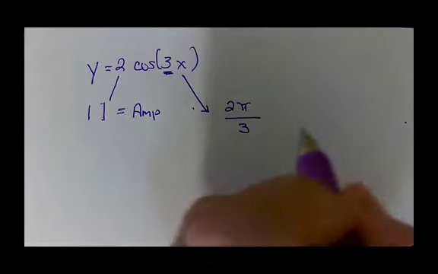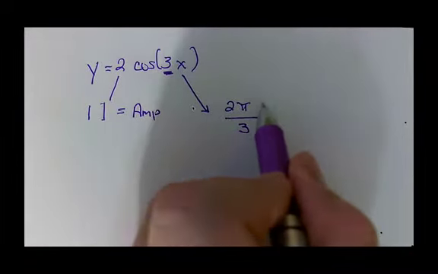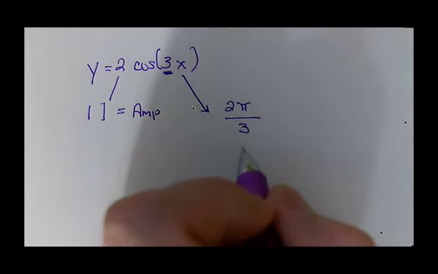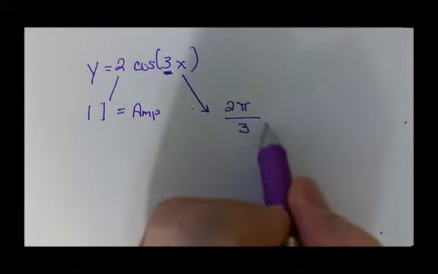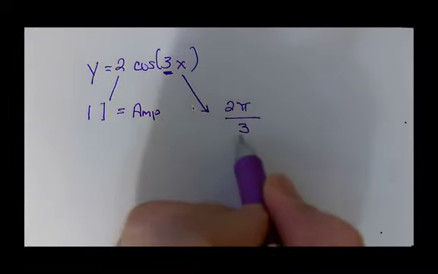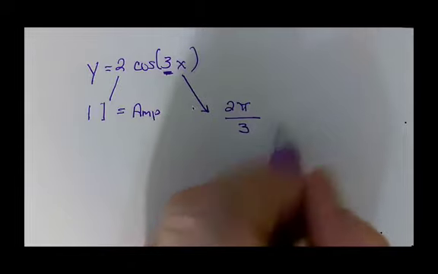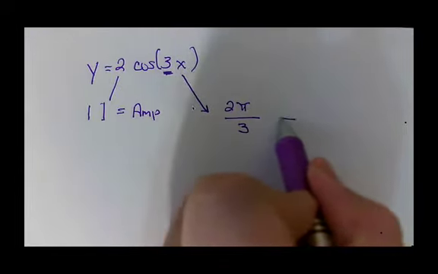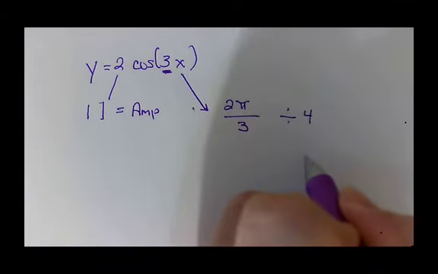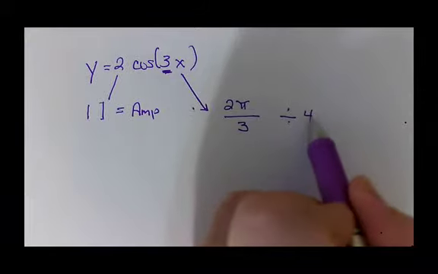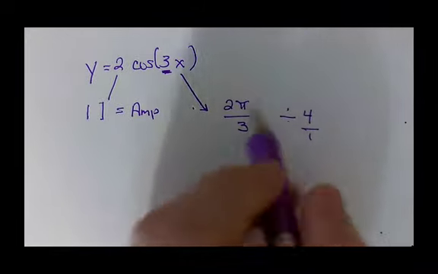Now, I need to do something else besides just figure out what my period is. I need to be able to divide this into 4 different quadrants. So, how do I do that? We take it and divide it by 4. Rule of thumb is we invert the second number, in this case 4 over 1, and multiply.